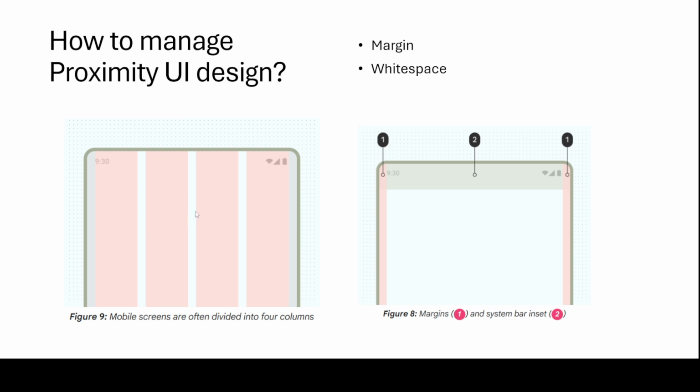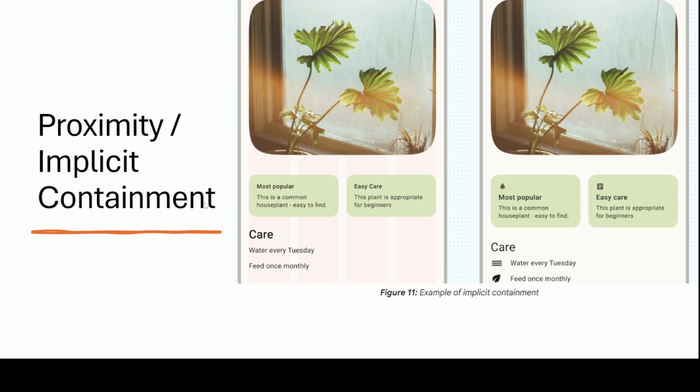But you can also divide it into two parts, like over here, two, and then two over here, with a single spacing at the center. Alright, okay. So here we can have proximity implicit containment. Okay, this is also taken from the official Google Android developer website.